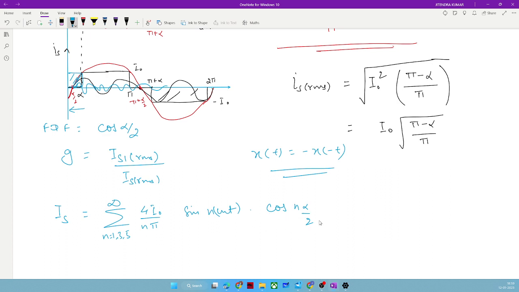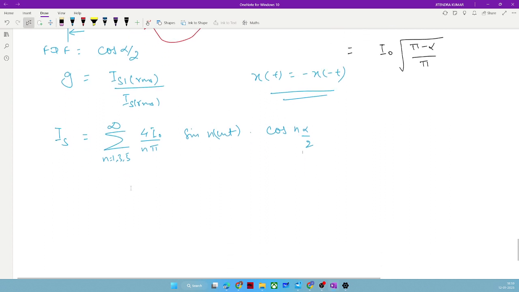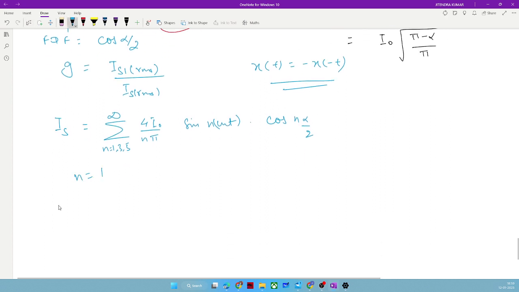So if you take n equal to 1, you will see its magnitude has been reduced by the factor of cos alpha by 2. The same thing will be reflected in the magnitude. So with n equal to 1, IS1 is 4 I naught by pi. Earlier it was 4 I naught by pi for a conventional full bridge rectifier, but now it will be multiplied with cos alpha by 2.